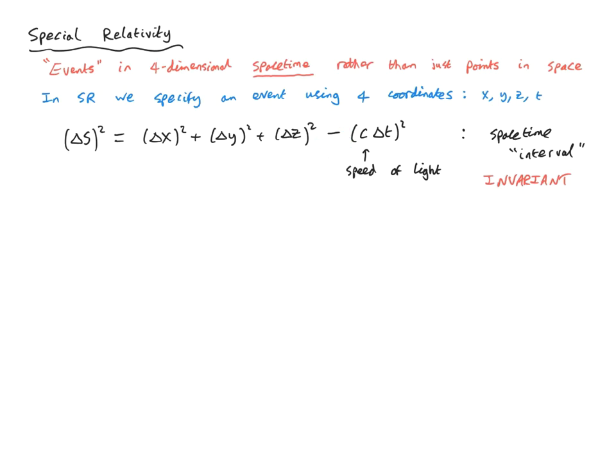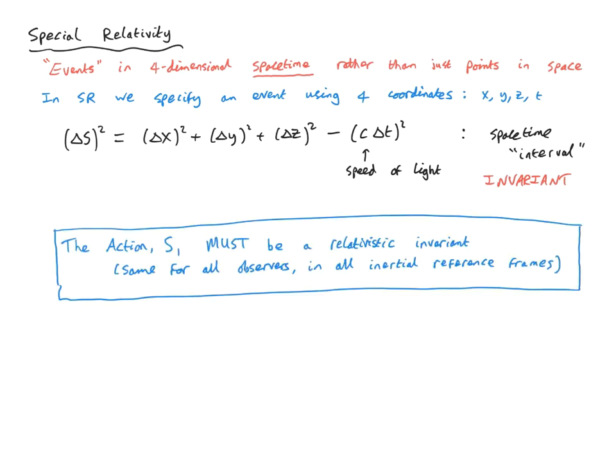And you also see the speed of light entering as a constant factor there. So the whole essence of special relativity is that delta S squared is a relativistic invariant. It's the same for all observers in all inertial reference frames, even though delta x, delta y, delta z, and even delta t, the difference in time, might separately be different for the observers. This quantity is the same for all observers.